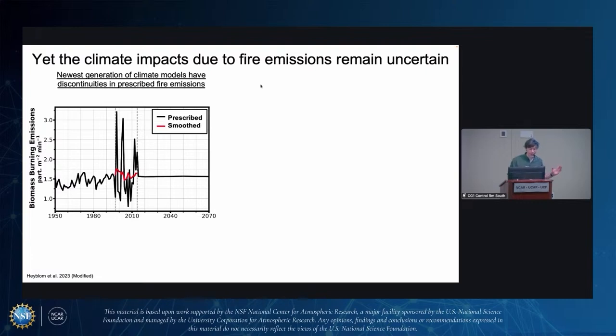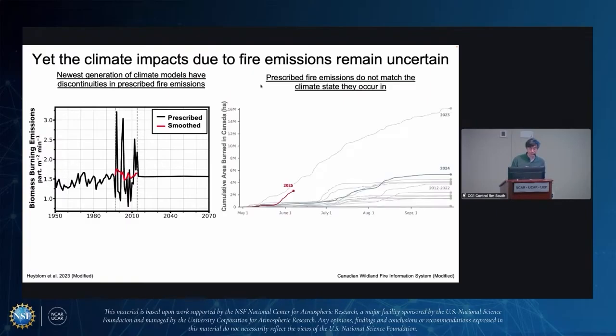Notably, from 1997 to 2014, the fire emissions are prescribed using observations rather than historical climatology that is smoothly varying. So we see this sharp discontinuity in variability from before 1997 to after, and then from before 2014 to after, from here to here.